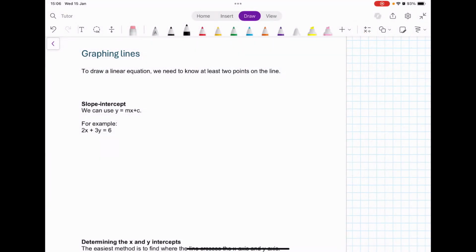There are several different ways of drawing and graphing lines, but the very, very basic are that to draw a linear equation, you need to know at least 2 points on the line, right? So it's no good knowing just 1 point, you need at least 2 points.